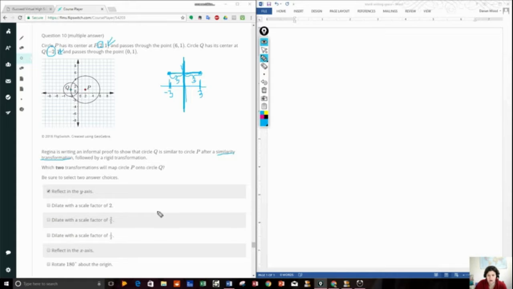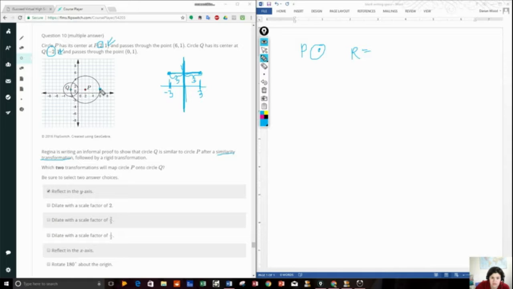And so how big is the radius of P? For circle P, the radius is equal to, let's count it. It says it passes through the point (6, 1).